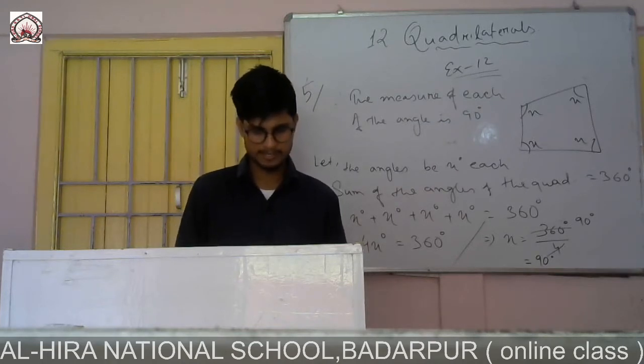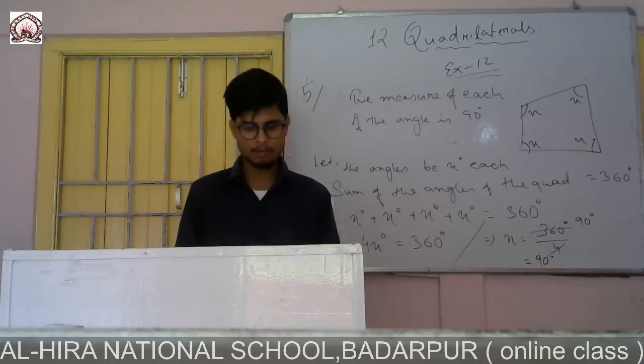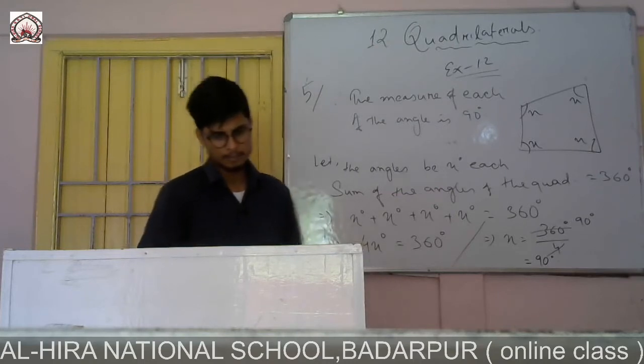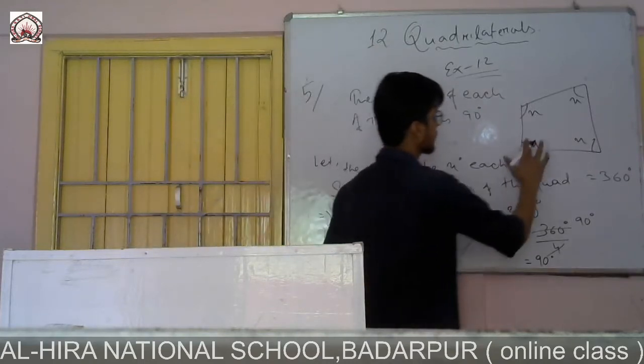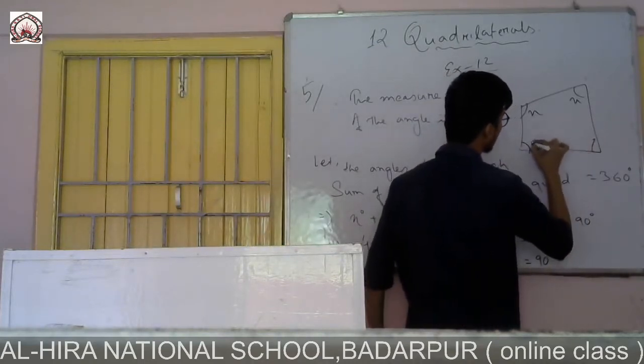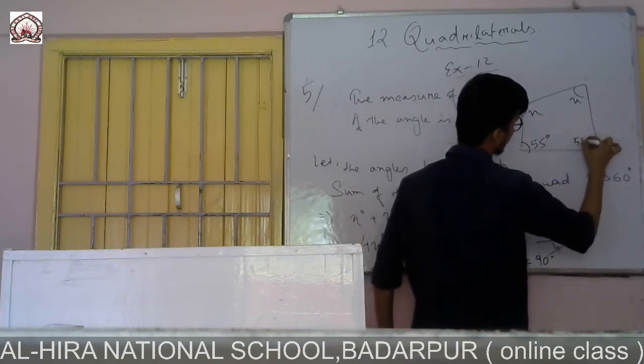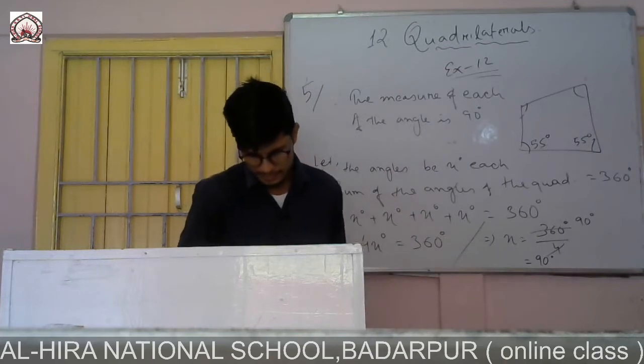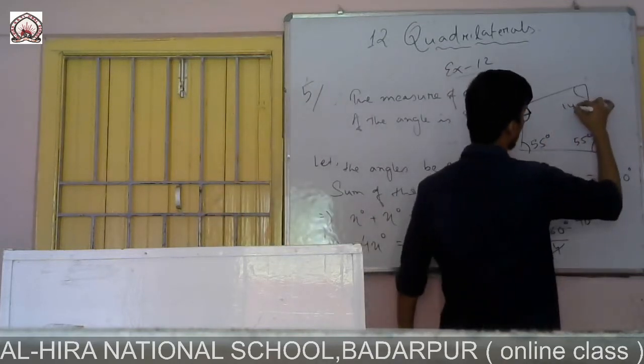Now question number 6. Two angles of a quadrilateral measure 55 degrees each. The third angle is 140 degrees. So you have to find the fourth angle. Two angles are given as 55 degrees and the third angle is given as 140 degrees.